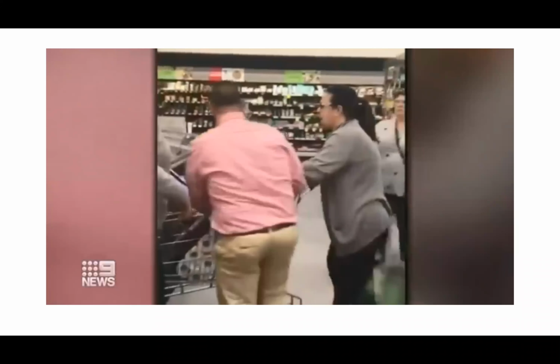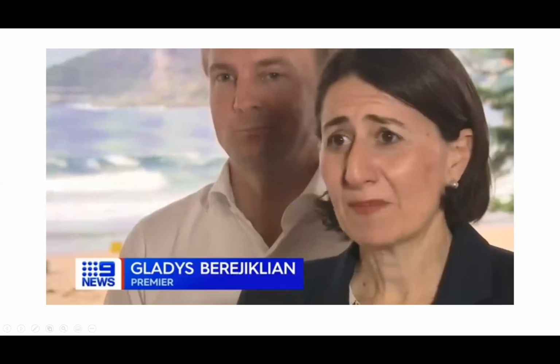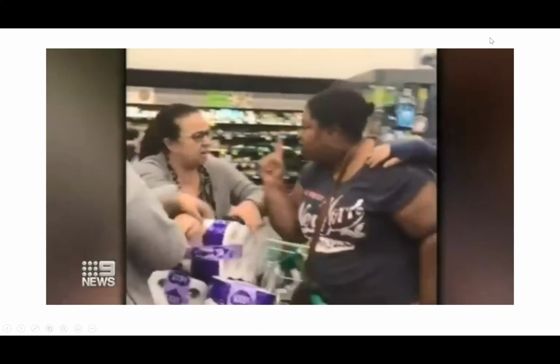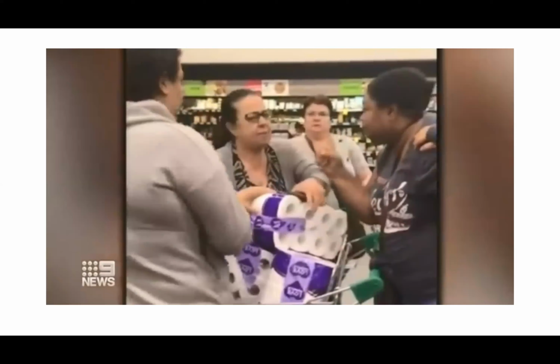Now the 60-year-old mother and her 23-year-old daughter, who were wheeling a trolley full of rolls at Woolworths Chullora, have been charged with affray and are due in court next month. I cannot understand the logic. We have a big factory in Penrith that produces toilet paper. Investigators spoke to the other woman, a 49-year-old, who'd allegedly been assaulted, but she wasn't injured.